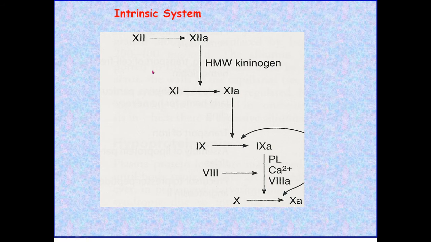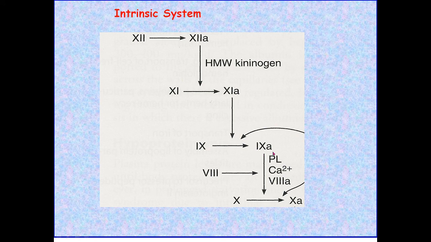In the intrinsic pathway, this factor 12 is converted into the factor 12A, and in presence of high molecular weight kininogen, this factor 12A converts the inactive factor 11 into the active 11A. Then this active 11A activates the inactive 9 into the active 9A.